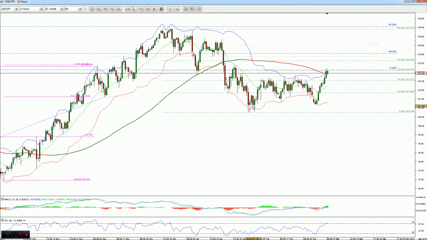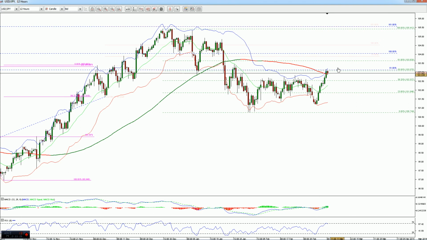Here on this 12 hours chart, I placed FIBO lines as well, and I'm checking where this B wave may reverse or may reach. Usually the B wave reaches 61.80 when it's in a zigzag.